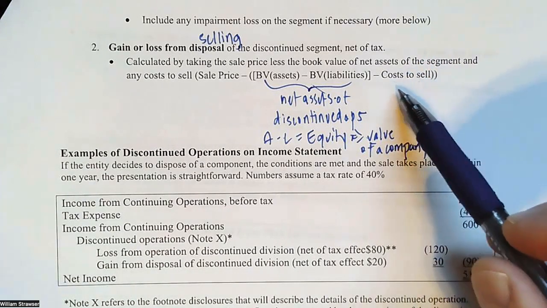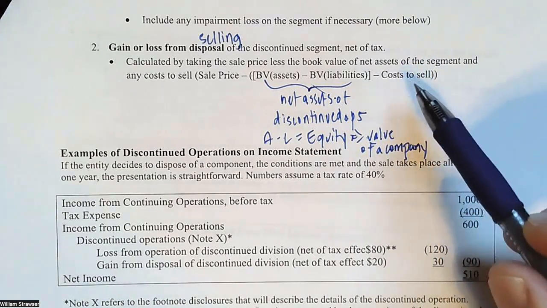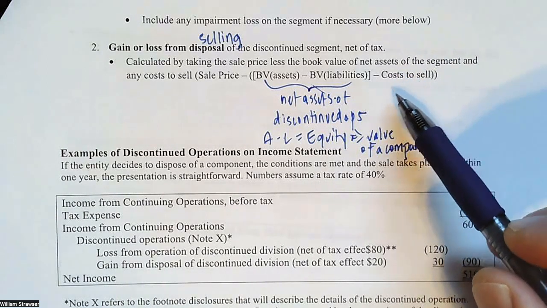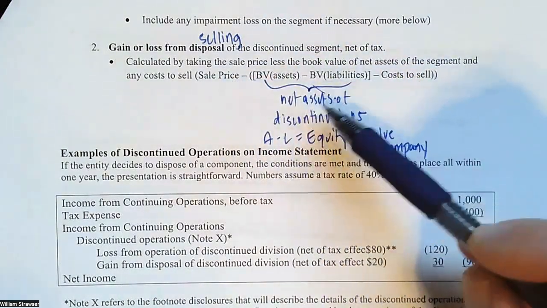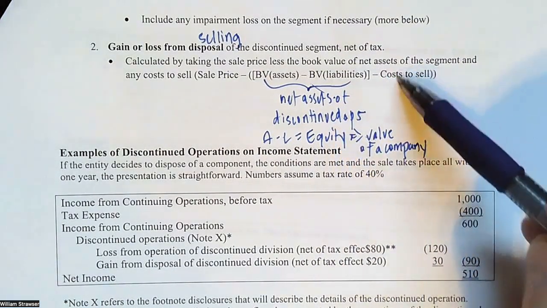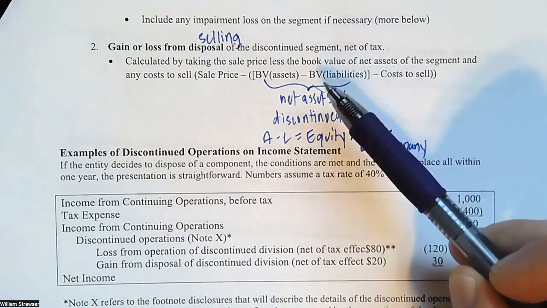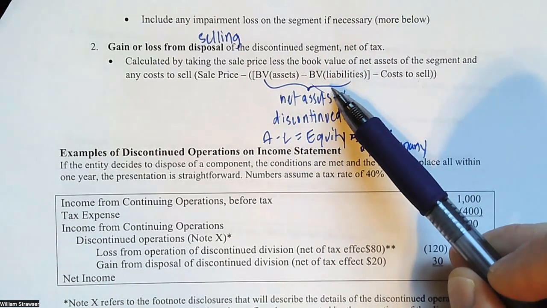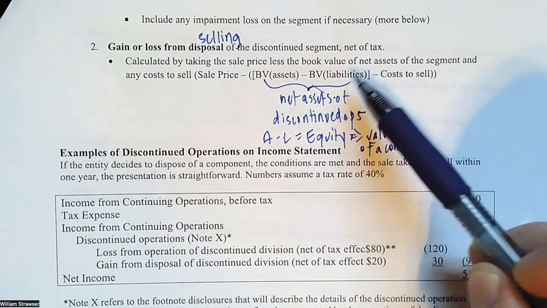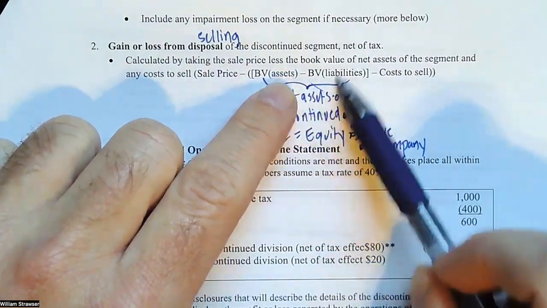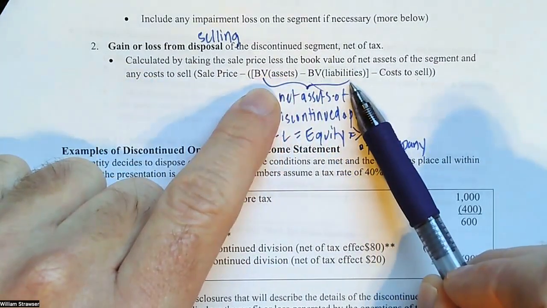So any costs to move this entire division of your company, right, are going to be subtracted as well. So we take sales price less the net assets of the discontinued operation, less the cost to sell. And notice, please notice order of operations, that I am subtracting the net assets first, right?